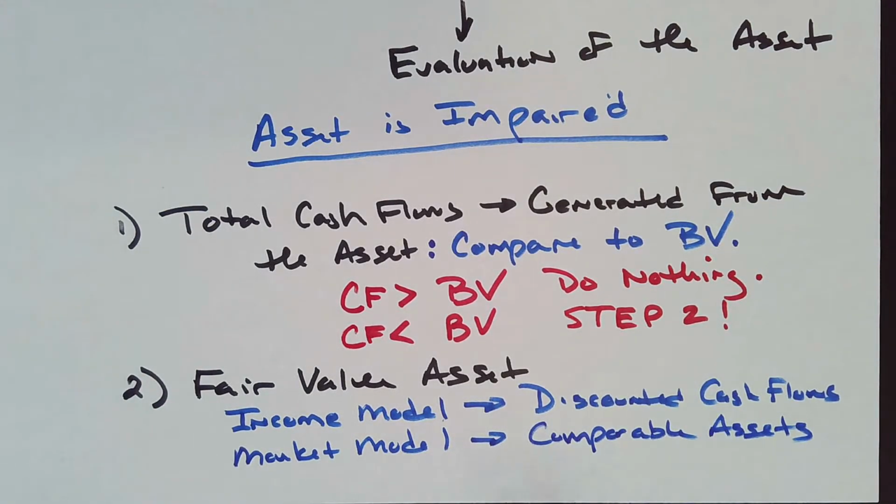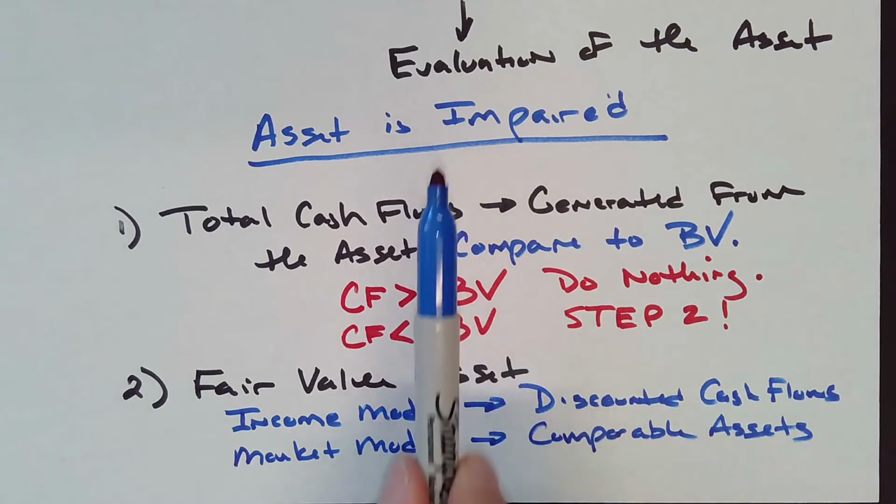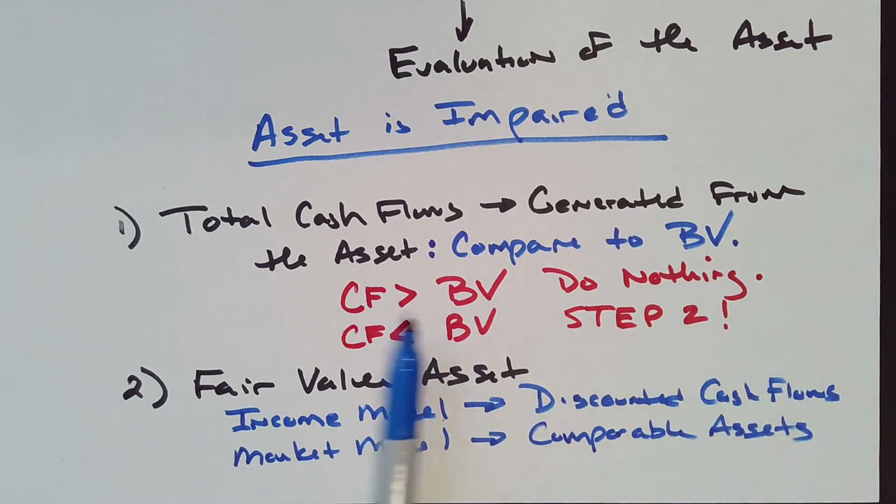Now, in this class, we're not going to get too in-depth with trying to figure these things out, but suffice it to say, in your review of financial information, if there is an impairment, you at least want to understand how they determine the impairment.